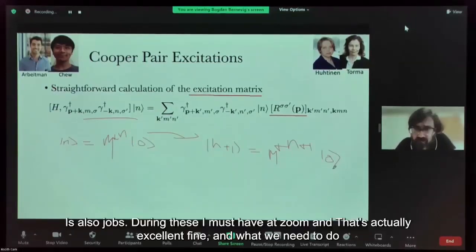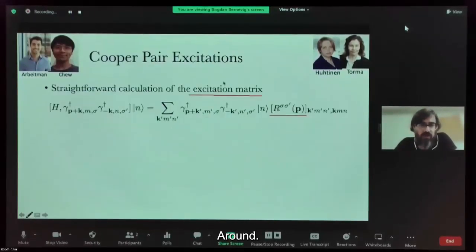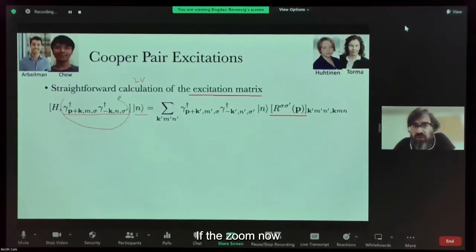Okay, and what we need to look at is the stability of this Cooper pair spectrum around its 0 energy. So if you now do the commutator of the ground state of 2 n particles times plus 2 creation operators in the flat bands, this creates another 2 particles in the flat bands. You want to find out its energy.